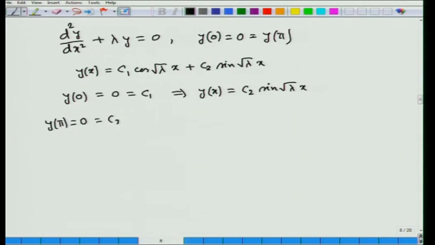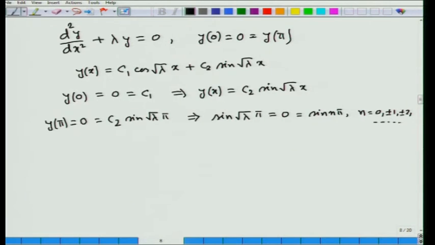So, this will be equal to C2 sine root over lambda pi, and as we are interested in non-trivial solutions, that means assuming C2 not equal to 0, we can find sine root over lambda pi equal to 0. So, this is equal to sine of n pi, where n is equal to 0, plus minus 1, plus minus 2 and so on, and writing the general solution, we can find lambda equal to n square.